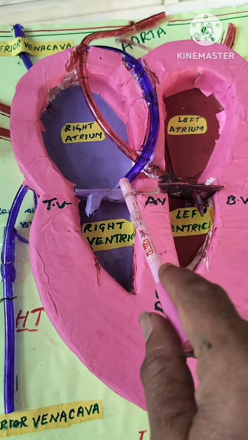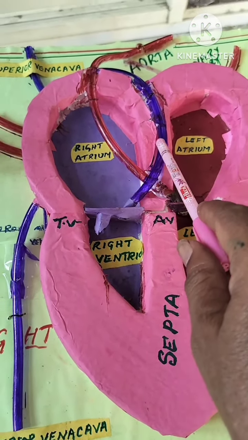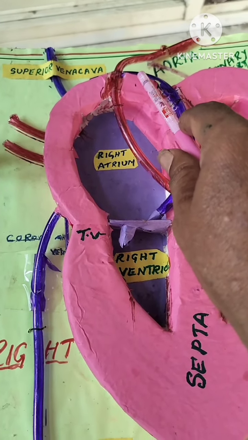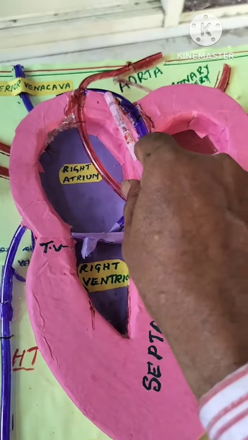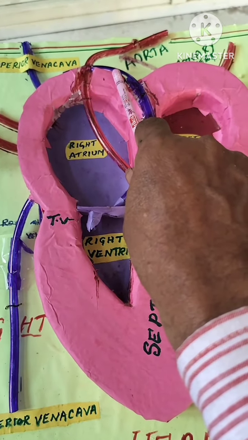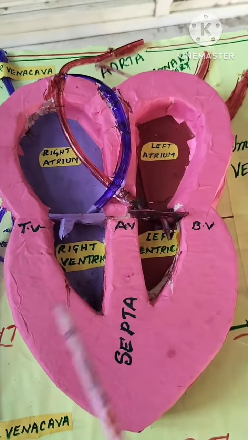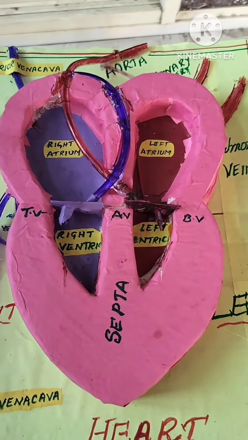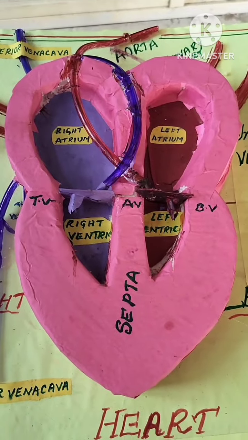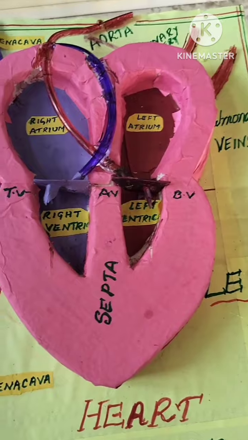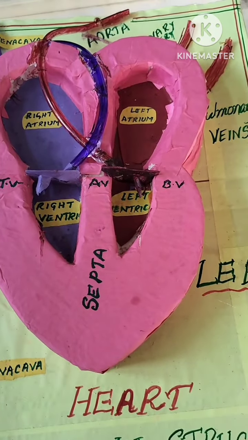Through this valve, the deoxygenated blood enters into the pulmonary artery, and this pulmonary artery transports the deoxygenated blood to the two lungs. Then the lungs purify the blood, and the blood changes into oxygenated blood.